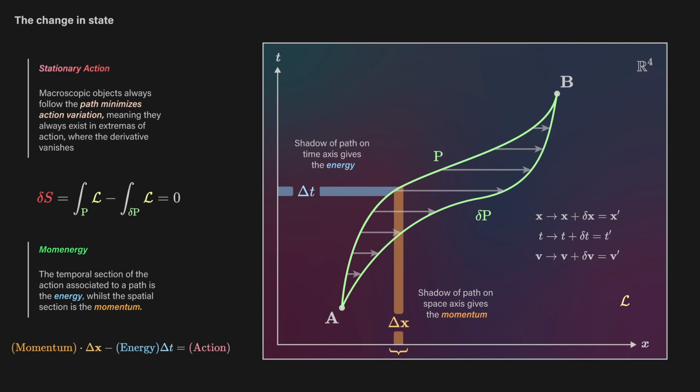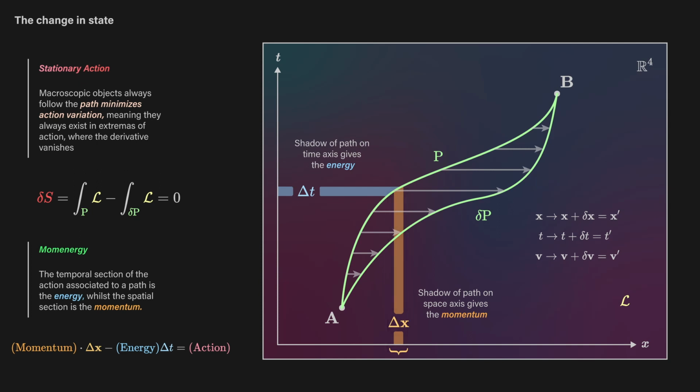Now, the fundamental idea behind the other physical quantities in physics, such as momentum and energy, which I shall call momenergy, or the four-momentum as it's usually known, is that each one of these is actually a component of the action. So the temporal section of the action associated to a path is the energy, whilst the spatial section is the momentum.